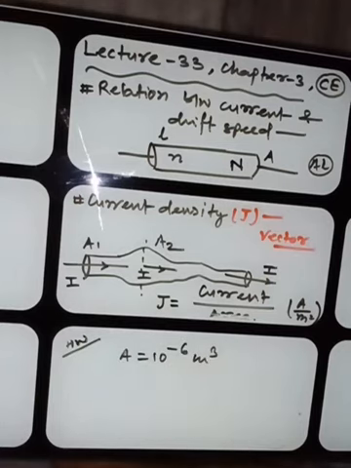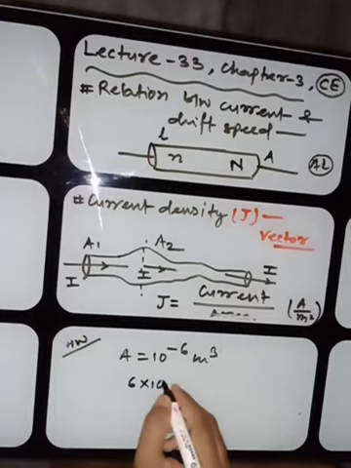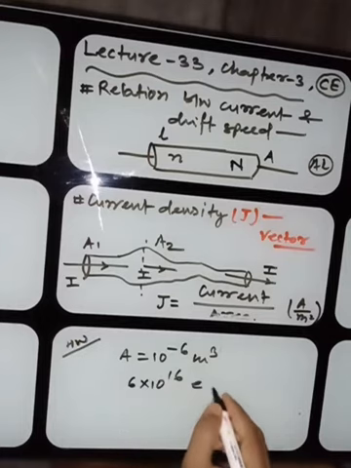Again, I'm telling the question. An electron beam has an aperture of 10 to the power minus 6 meter square. The total number of electrons moving through any perpendicular cross section per second is 6 into 10 to the power 16.